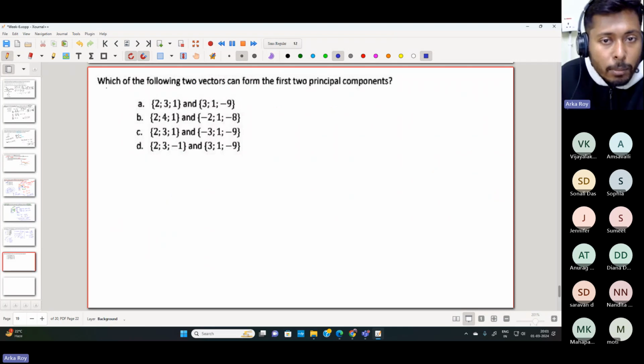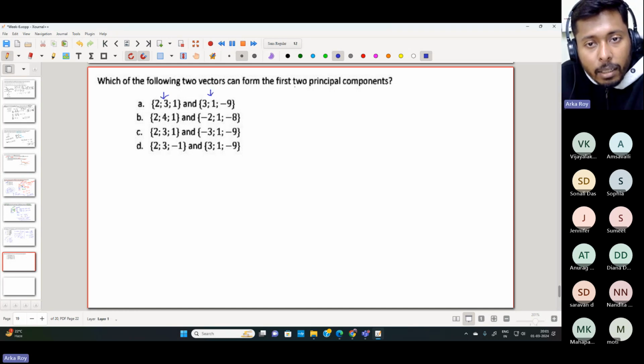The next question is about the principal components. They have given two vectors in each of the cases, and they are asking which of the following two vectors can form the first two principal components. So what are the properties of principal components? Anyone?